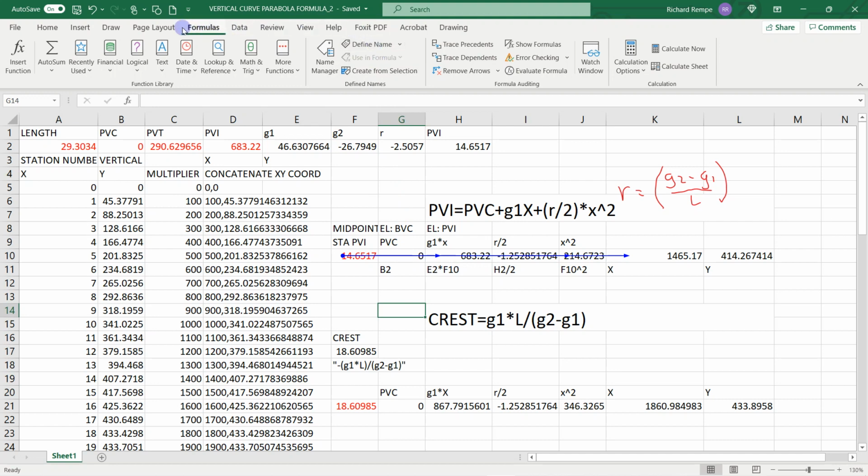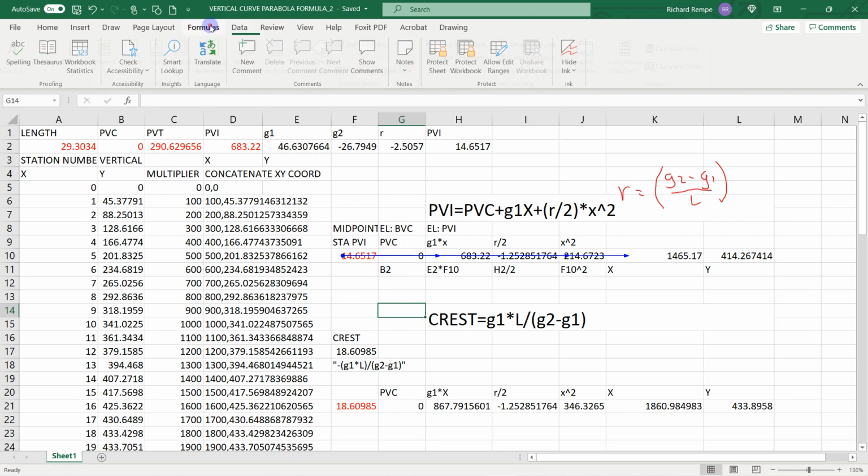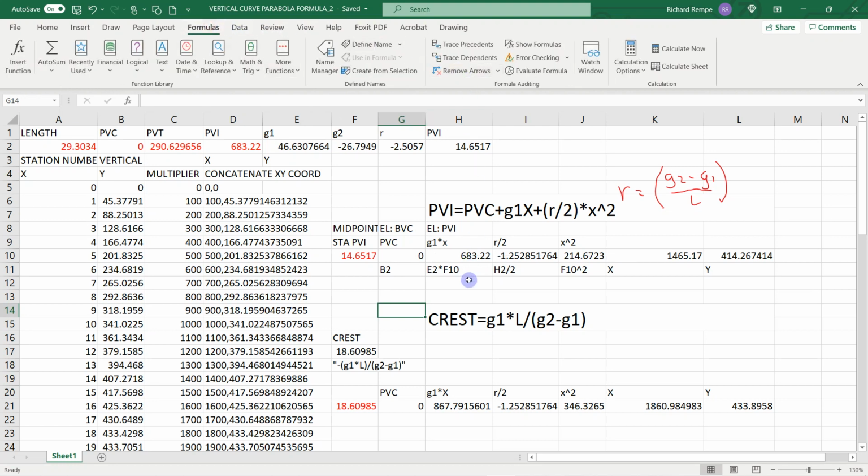Let's see. Formulas, remove arrows, okay. So we need the PVI elevation; PVI is 683.